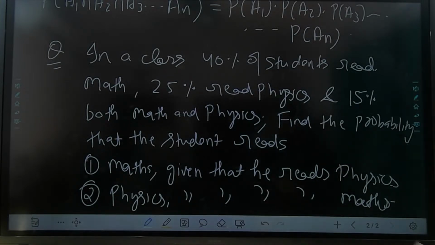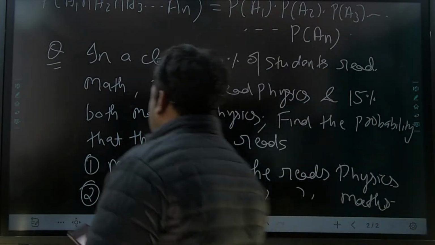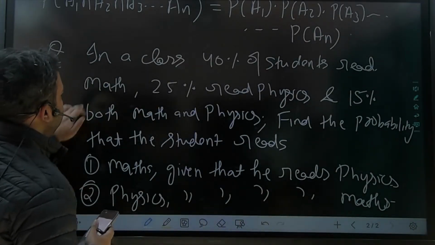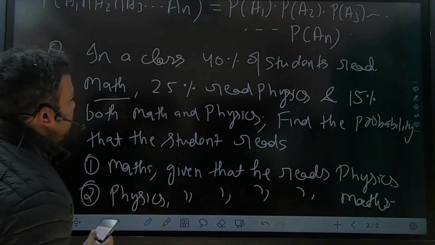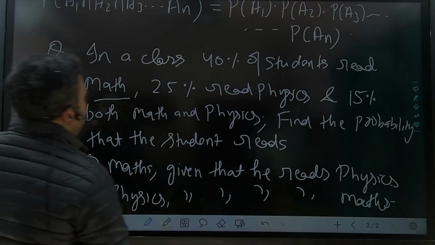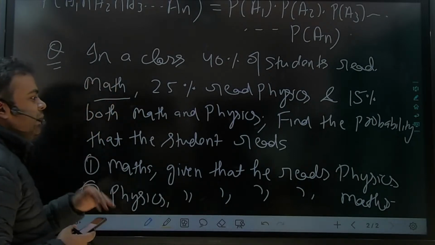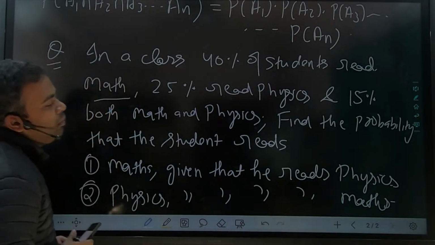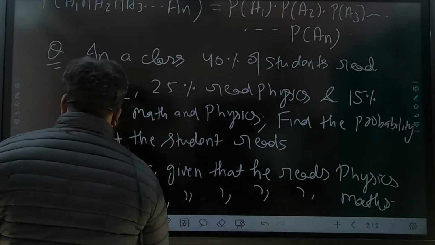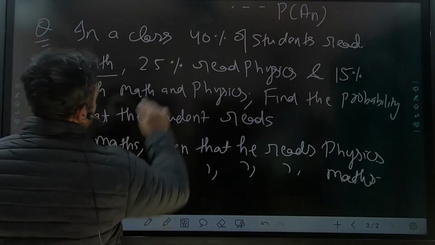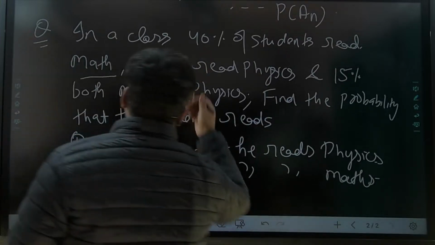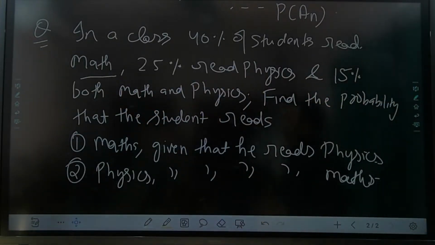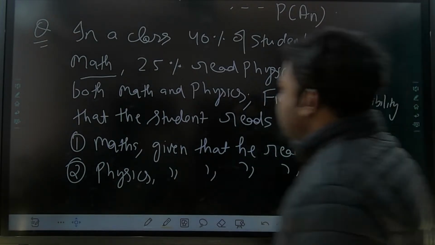So in a class, 40% of students read maths, 25% read physics, and 15% read both. Find the probability the student reads maths given that he reads physics as well, and then second, physics given that he reads maths also. So this is conditional probability. When we are given percentages, we can assume, let's say, 100 students. Out of that, 40 students read maths, 25% read physics.